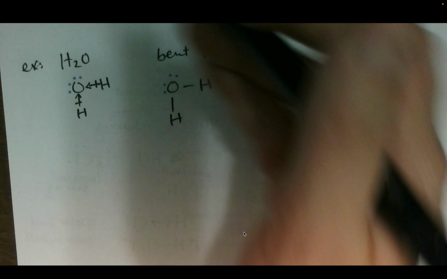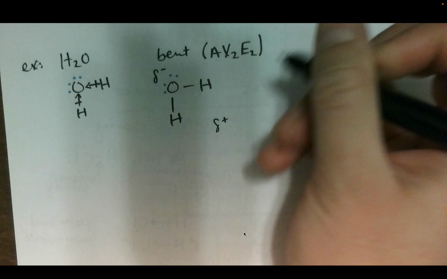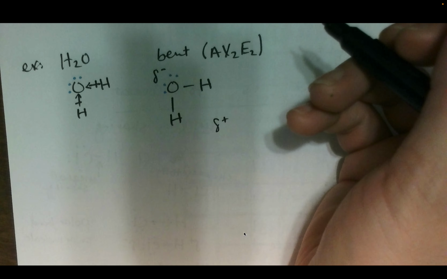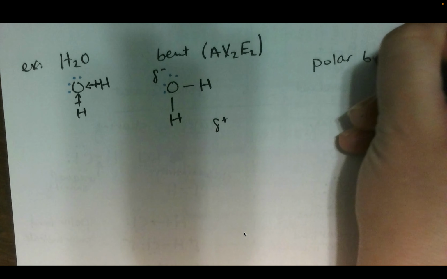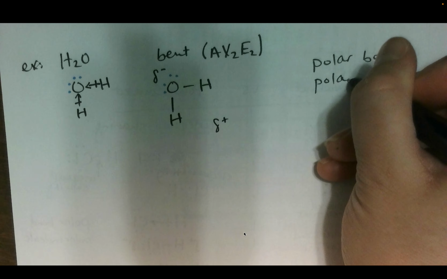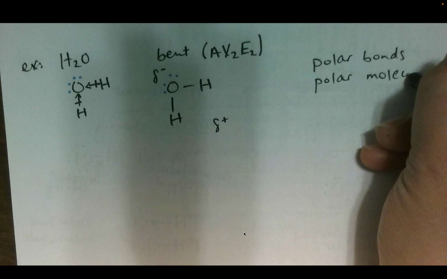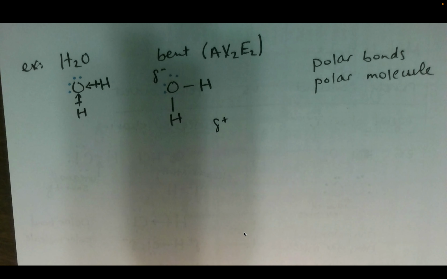And I'll end up with a negative pull on this end and a positive pull on this end towards the hydrogens. So I have polar bonds and a polar molecule, because the poles are not in opposite directions.